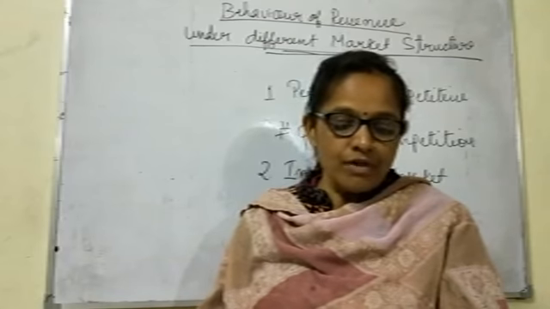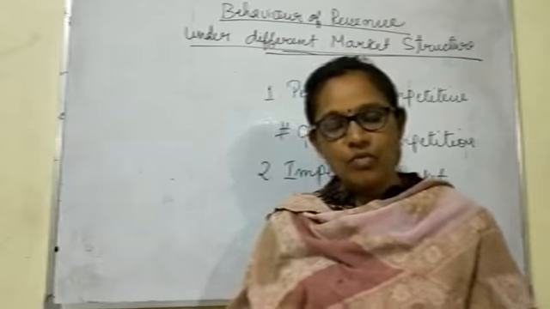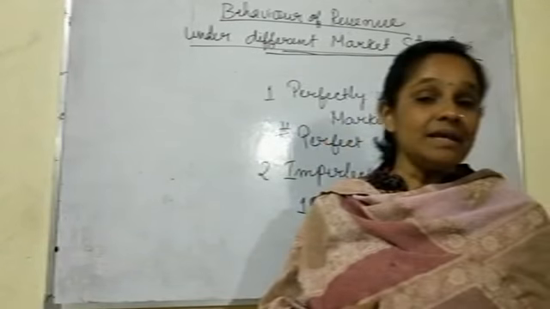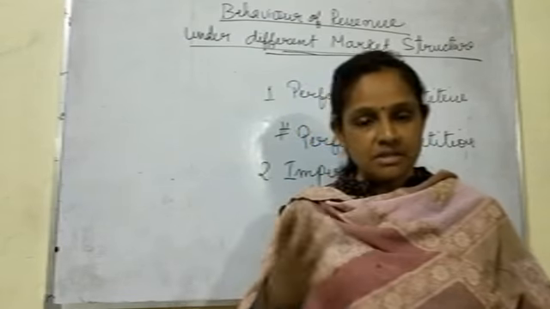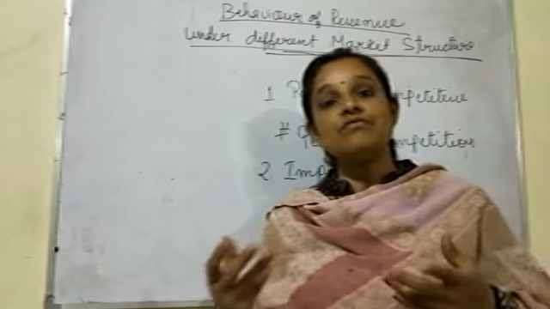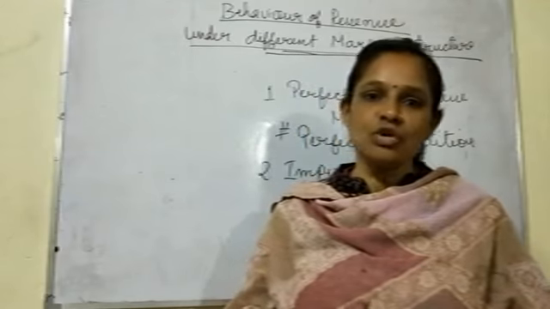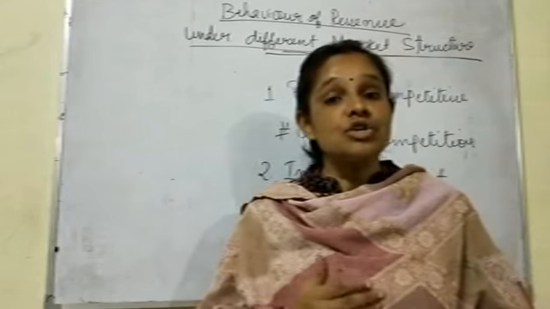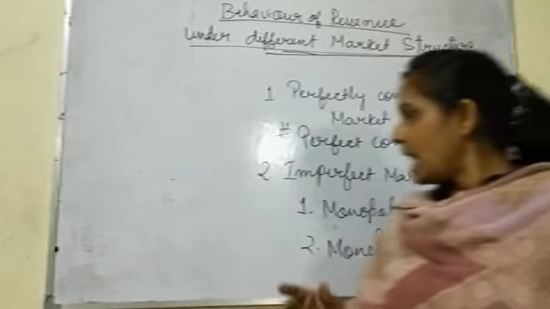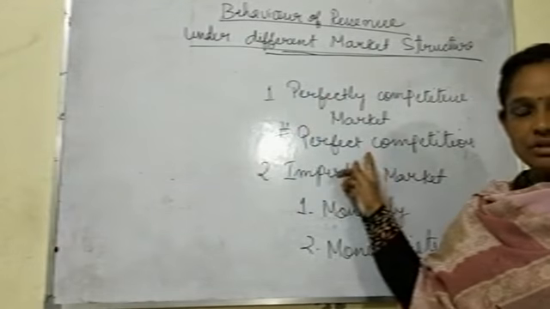Under perfect competition, there are a large number of sellers. Numerous, you can say infinite number. You cannot count the number of the sellers. Similarly, there are a large number of buyers. I'm talking about perfect competition.